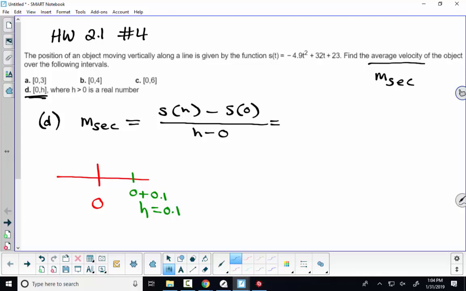So s of h, we get negative 4.9h squared plus 32h plus 23. And then we're subtracting off our position function at 0, which is 23. And all of that's over h.